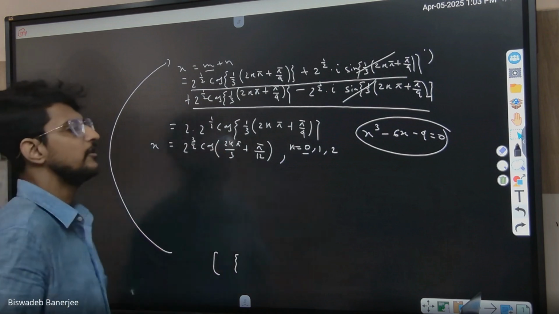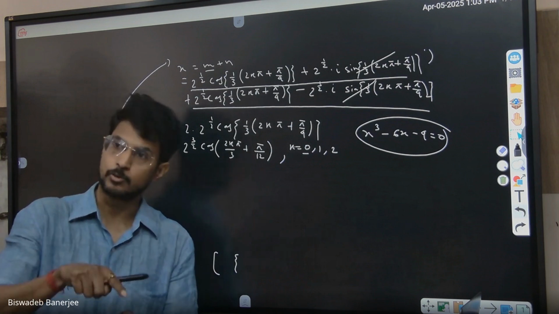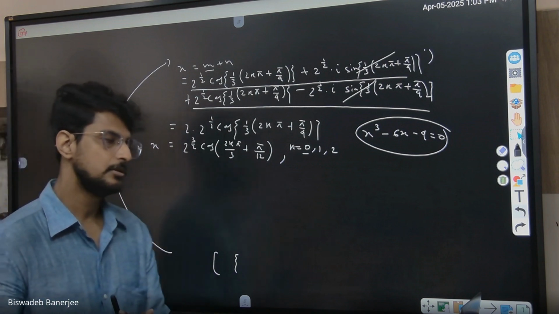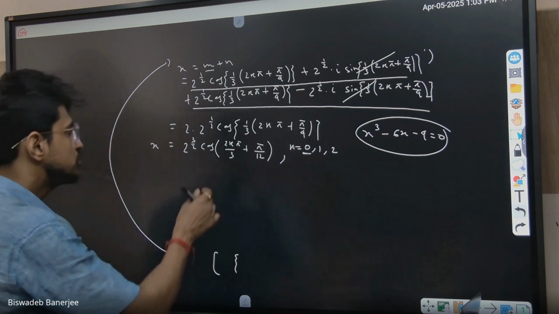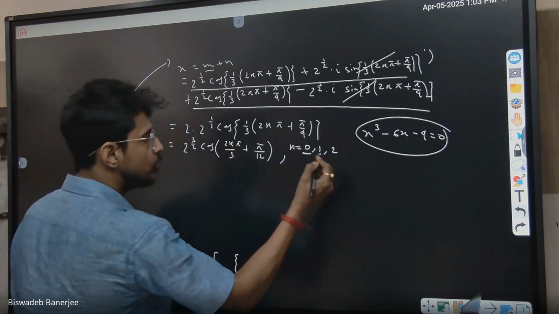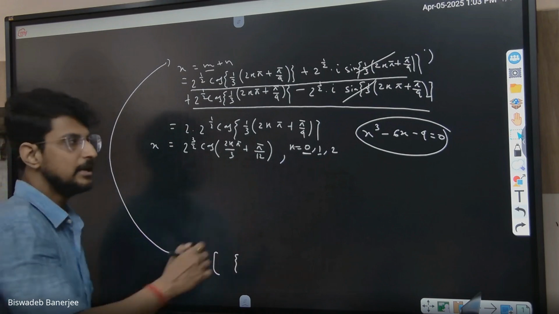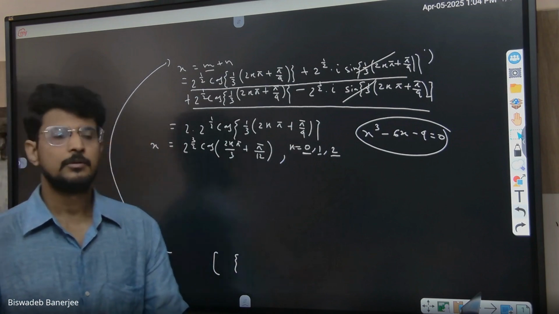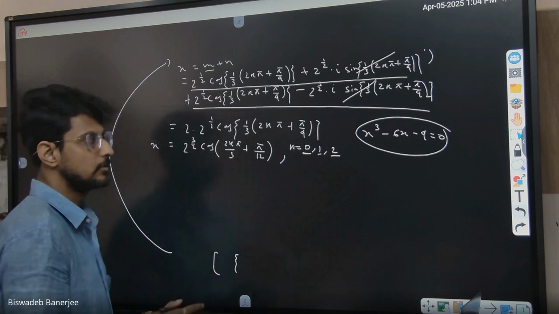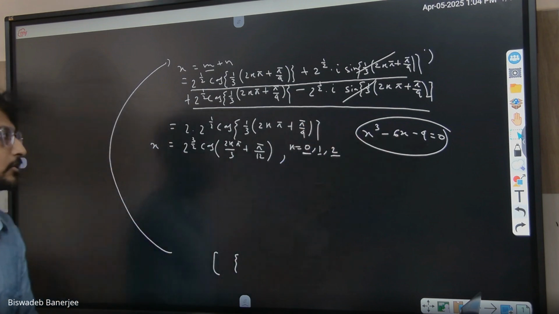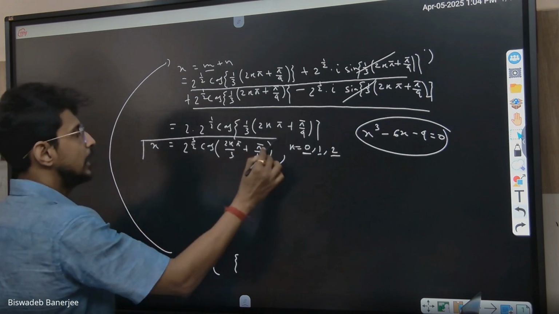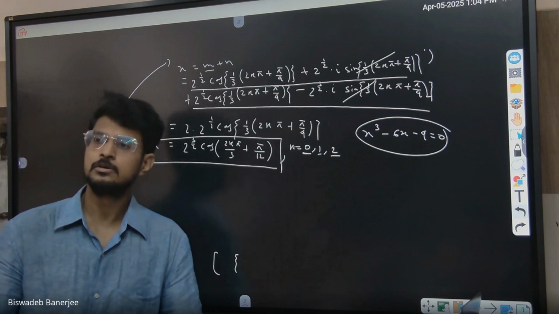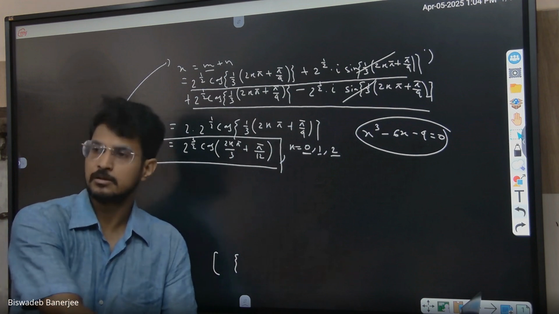Always remember, 0 is an integer. So if k equals 0 we get the first root, if k equals 1 the second root, and if k equals 2 the third root. These are my 3 roots of this equation, and we have used complex numbers to find them. So that is everything for my Cardan Method chapter.